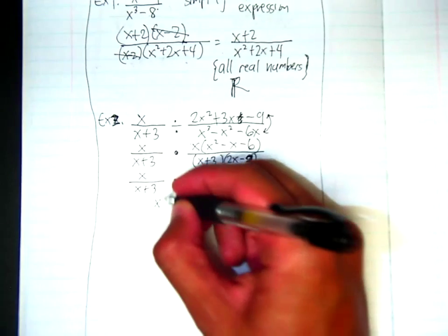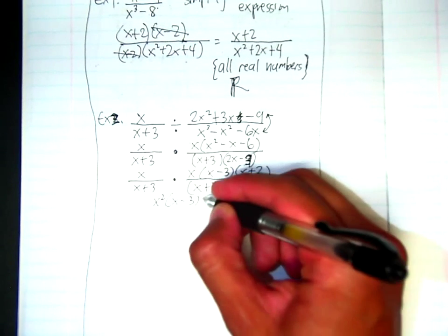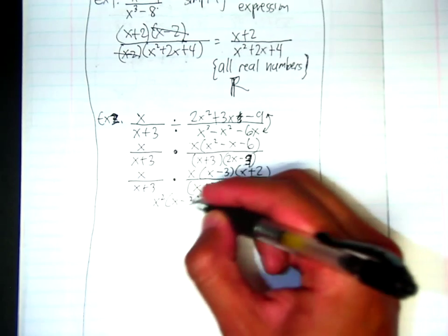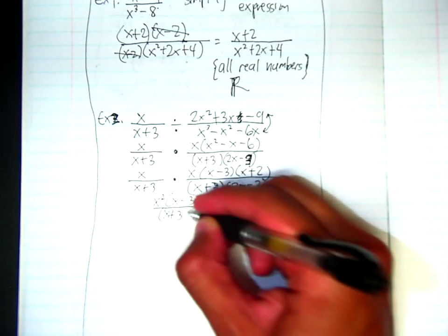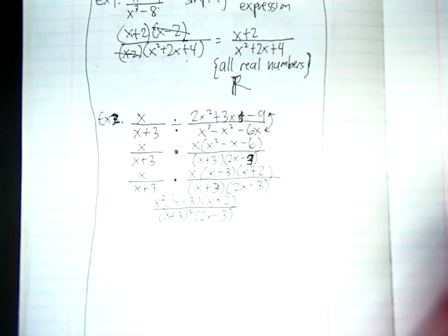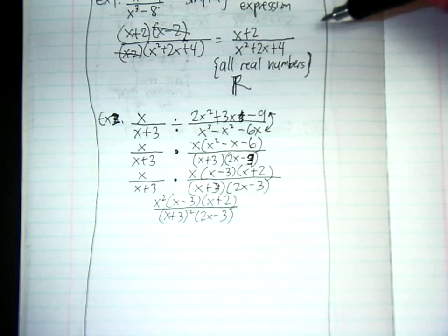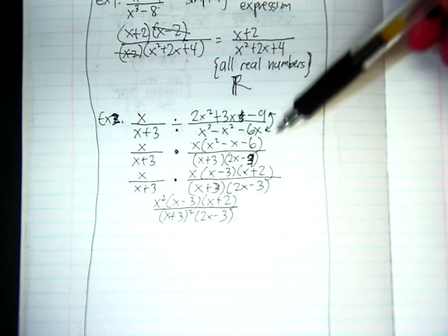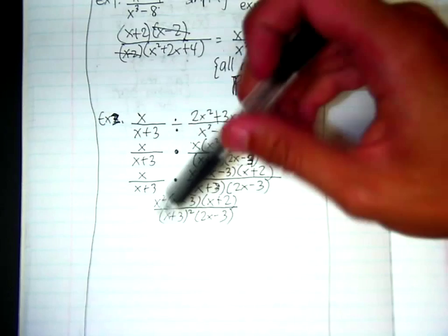So x squared times x minus 3 times x plus 2 all over x plus 3 squared and 2x minus 3. So normally in problems you would probably have something to cross out, but I wanted to show you that it's also possible that you factor everything and you don't have anything to cross out, and that you would just leave it as one big fraction.